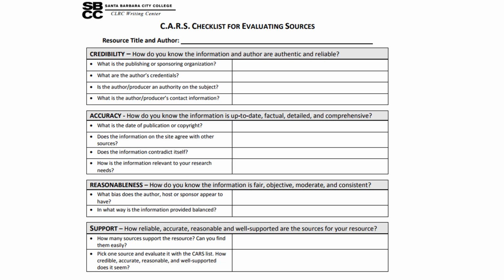And then support. How reliable, accurate, reasonable, and well supported are those sources? Most of what you're reading is not going to be primary source material.